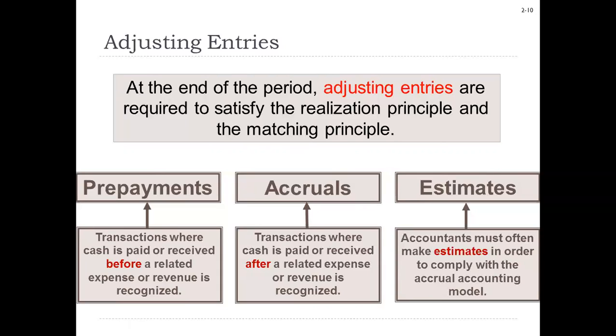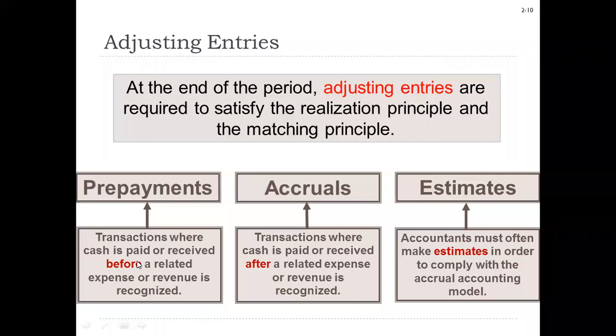It's not an easy concept, but there are three major types of adjusting entries: prepayments, accruals, and estimates. Prepayments are when a company receives cash or when they pay cash before the revenue or the expense is recognized.